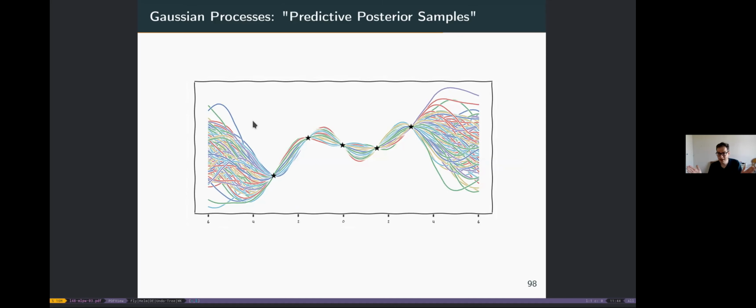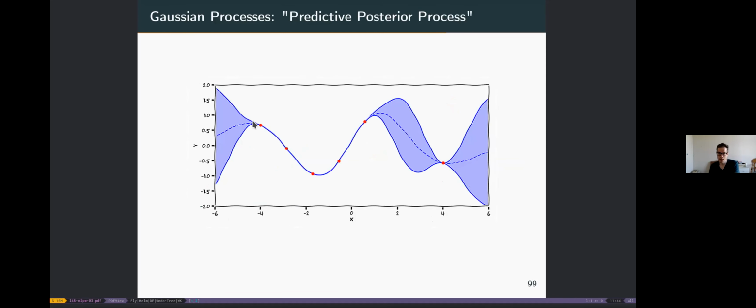It's just a linear combination of the data to predict in between. Another way of showing this, rather than showing samples, is to show the mean and the variance, which I've shown here. This can be instructive, but it can also be a very dangerous plot to do. I will highlight this in the next lecture.